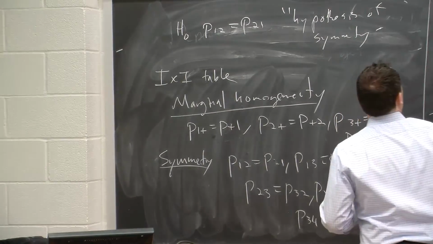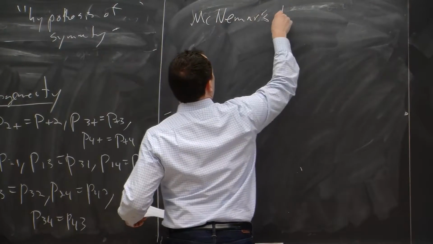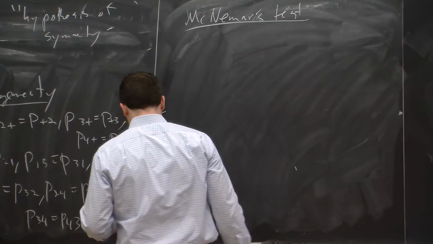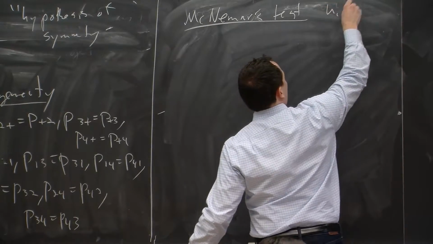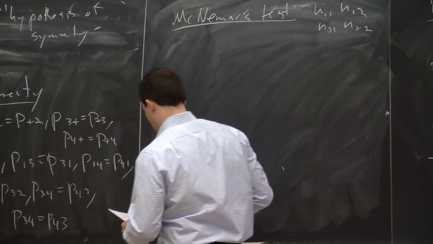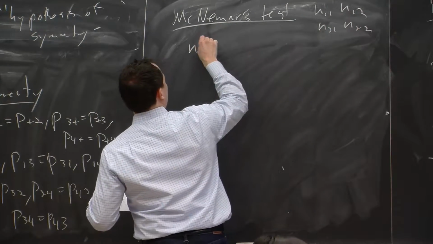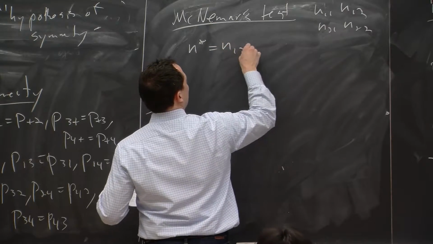So let's look at McNemar's test. So I have a table, and I'm interested in only these off-diagonal terms, so I can think of that as my n.